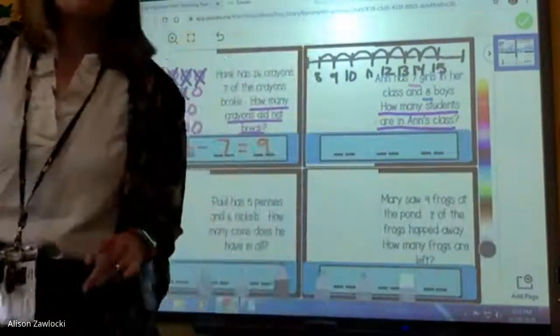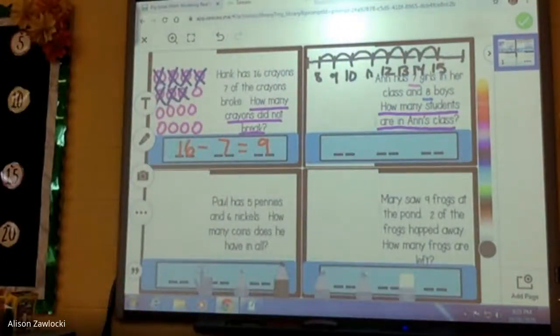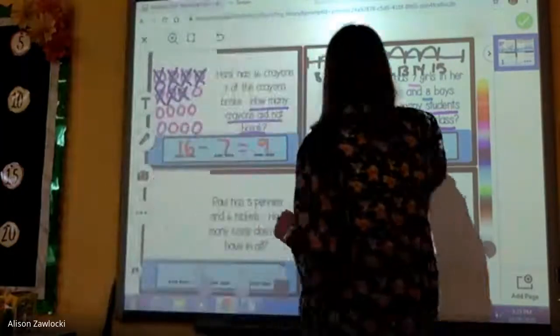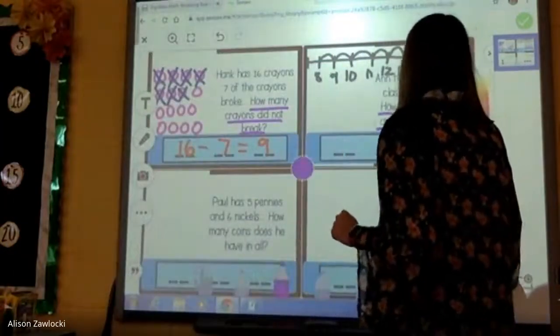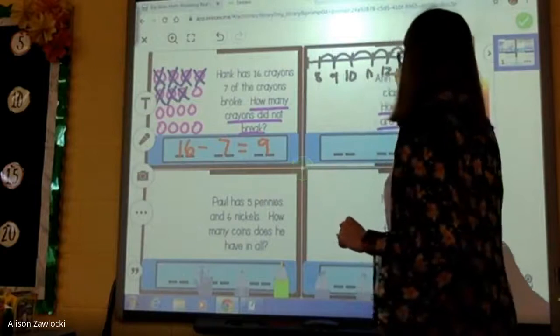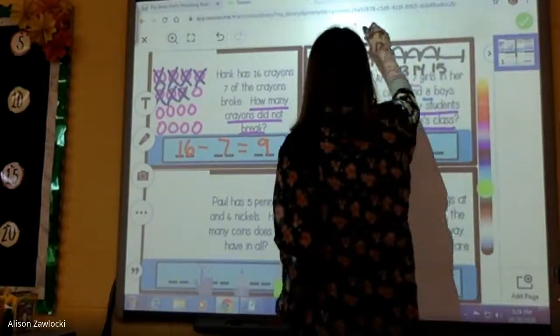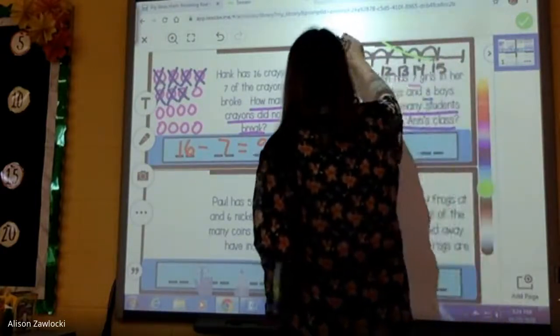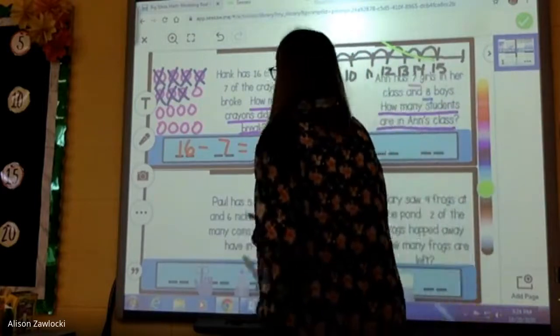It might be a little small there, but I want you to do the same exact thing. I'm going to go back and double check. I'm going to make sure I have 1, 2, 3, 4, 5, 6, 7 hops. So I'm doing 8 plus 7. I have 7 hops here. Whoops. I'm going to undo that.